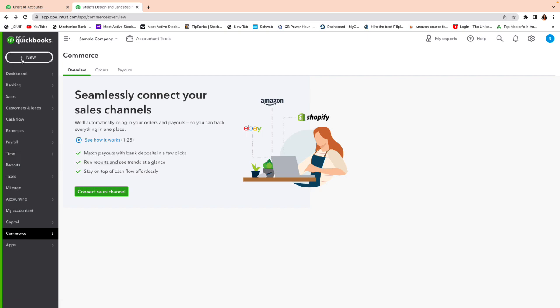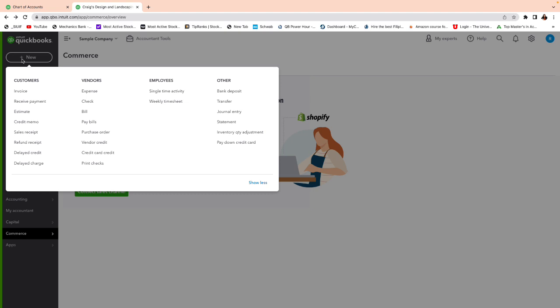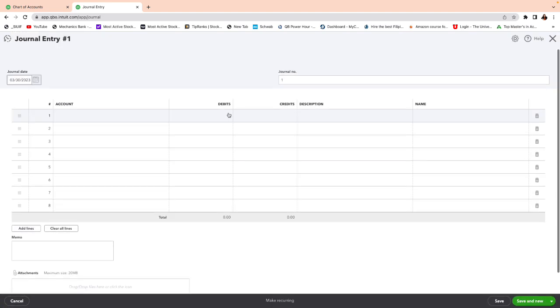To do a journal entry, you want to click on the plus New. This plus New is where all your transactions are going to be located. So journal entry is right here. A journal entry has two sides of the transaction. There's always two accounts: there's a debit and there's a credit, right?